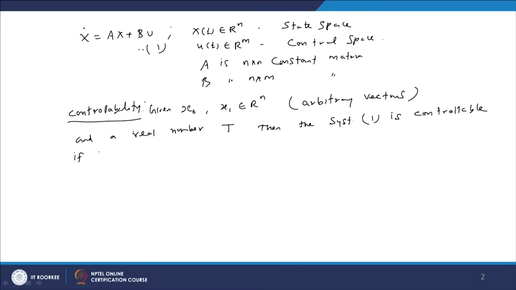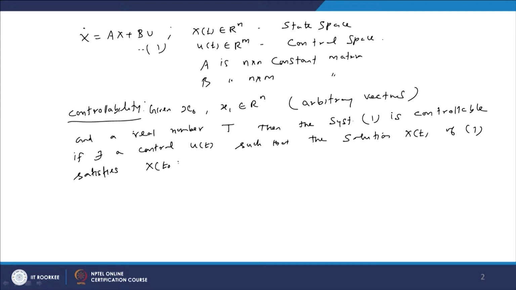if there exists a control u of t such that the solution x of t of 1 satisfies x of t0 equal to x0 and x of t equal to x1.